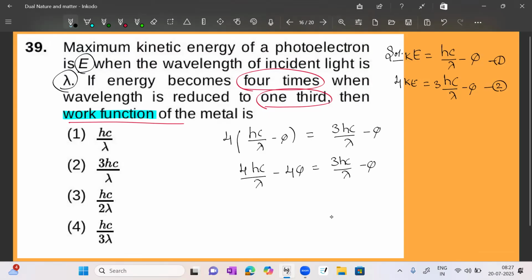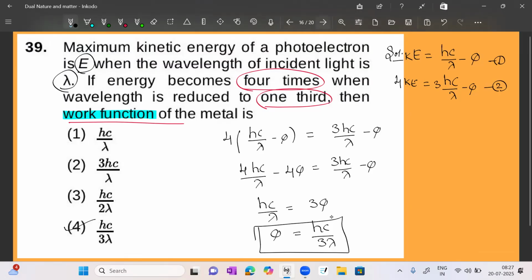Okay, so we can exchange the terms here. This is hc by lambda equal to 3 phi, then phi is equal to hc by 3 lambda. So which is the correct option here? hc by 3 lambda means option 4 is the correct answer.